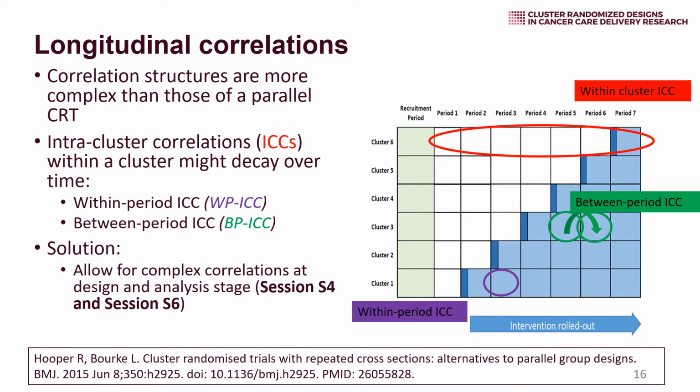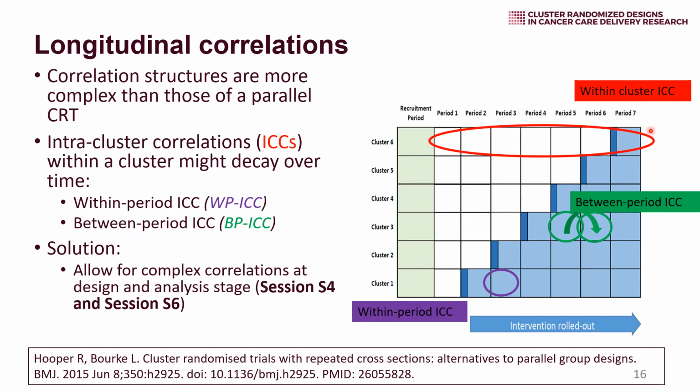These correlations represent the correlation between two observations within the same cluster. It's expected that observations within this cluster will be more highly correlated compared to observations, say, in another cluster down here. We typically refer to this as the intra-cluster correlation coefficient, or ICC for short. Here, we're going to refer to it as the within-cluster ICC.